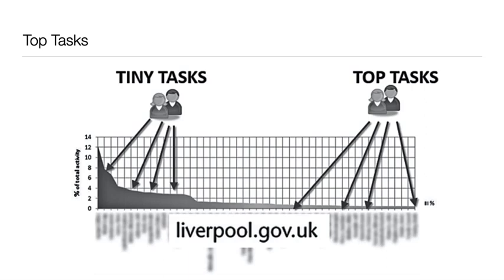And the things that people really care about, the top tasks, the ones at the very top that could be a quarter of what everyone cares about, almost no one was accessing. So the most important functions of the website were hidden, unusable.